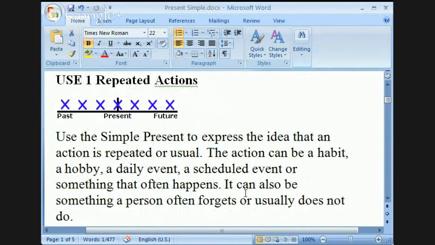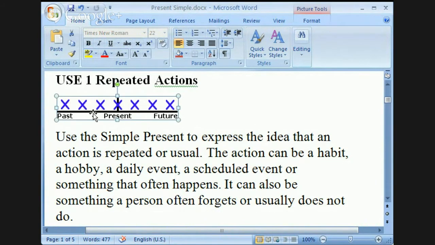Use number 1, repeated actions. Notice the present tense here in this little diagram. The blue X represents something that we do or somebody else does over and over and over again. Notice that this action was in the past. It is now in the present.